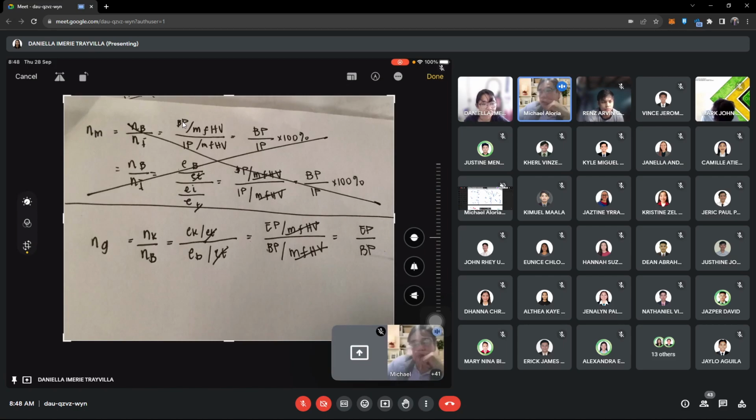And then brake thermal efficiency over overall thermal efficiency. The overall thermal efficiency cancels out, so what remains is combined thermal efficiency over brake thermal efficiency.